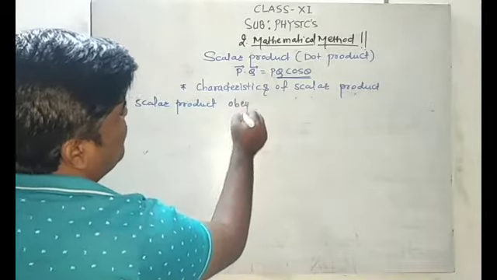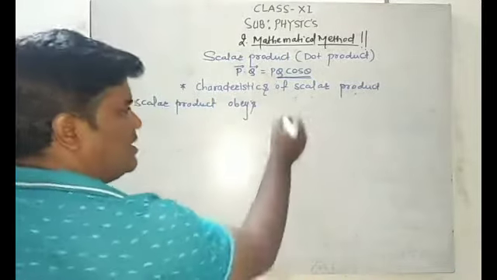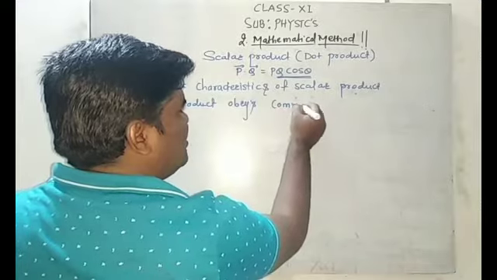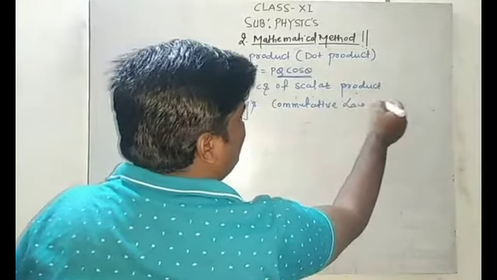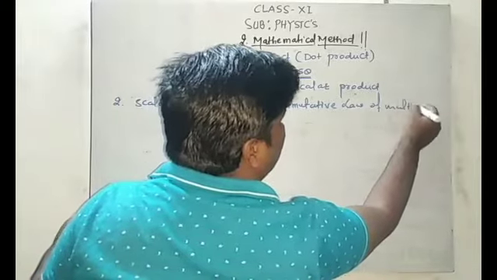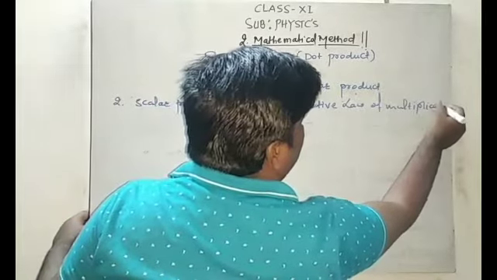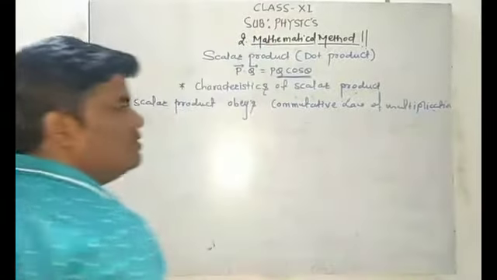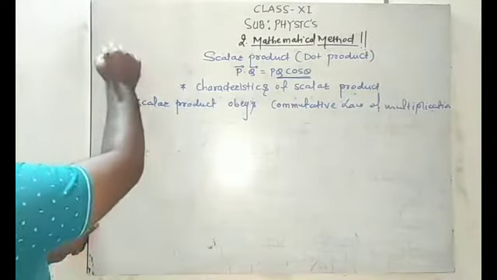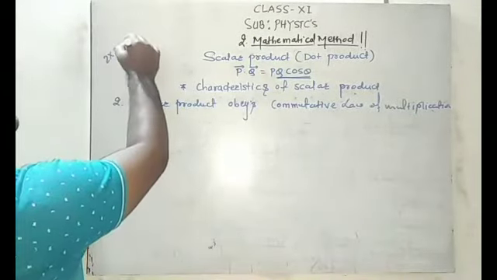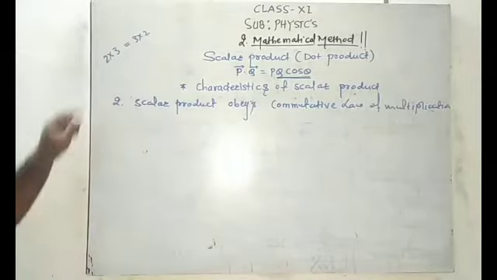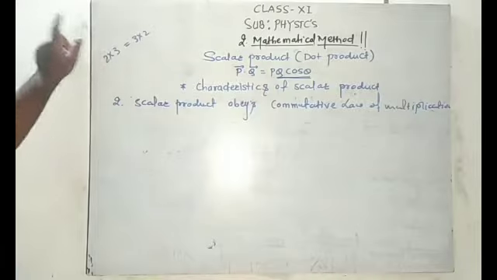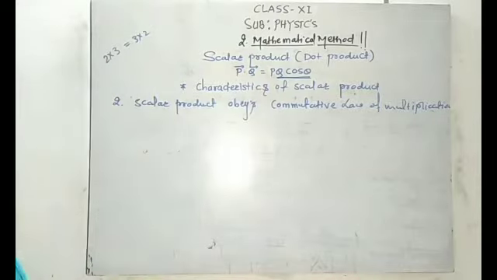And what is meant by commutative law? You all know that 2 multiplied by 3 is equal to 3 multiplied by 2. This is the commutative law.